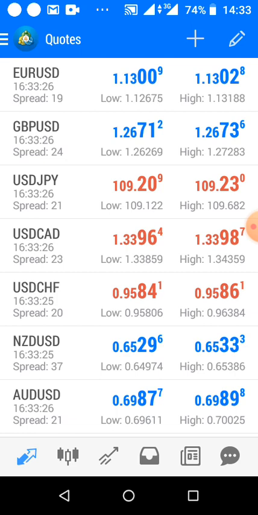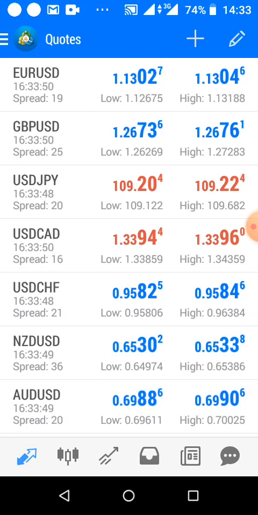This is the quote window, where you have the currency pairs arranged, and from it you can choose any of the currency pairs you want to trade or analyze.